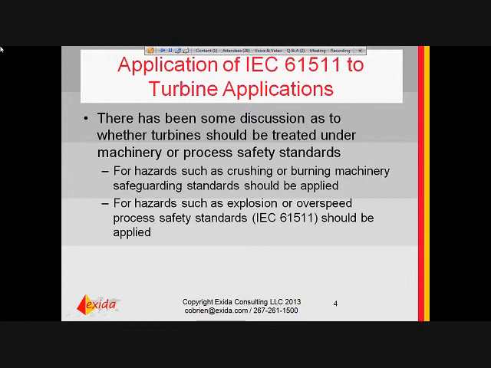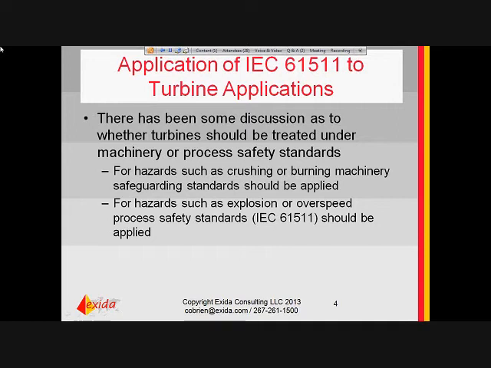I've seen in the industry some discussion about whether turbines should be treated under the machinery directive or the machinery safety standards, or under the process safety standards. Where that really comes down is that for machine-related hazards such as crushing or burning, rotating pieces of equipment, the machinery safeguards and standards should be applied.